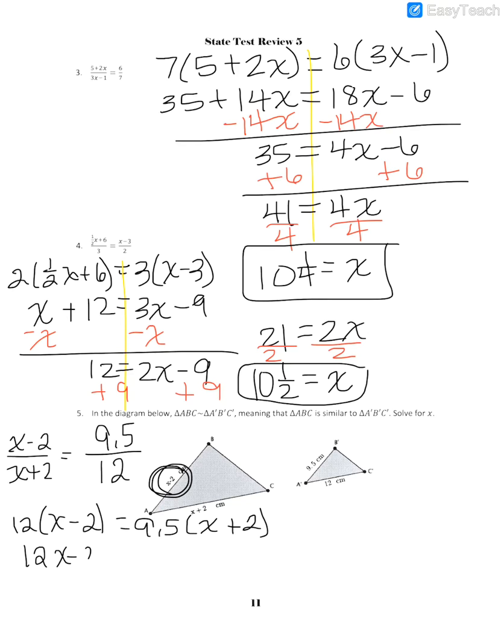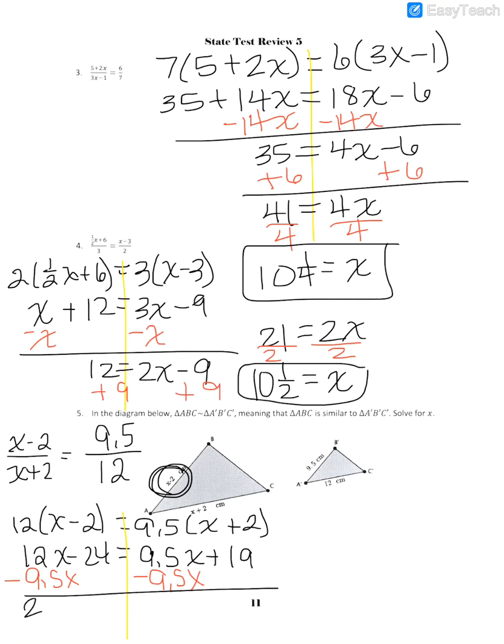Distribute. 12x minus 24 equals 9.5x plus 19. The 9.5 is smaller, so we're going to minus that over to the other side. That gives me 2.5x minus 24 equals 19. We're going to add the 24.